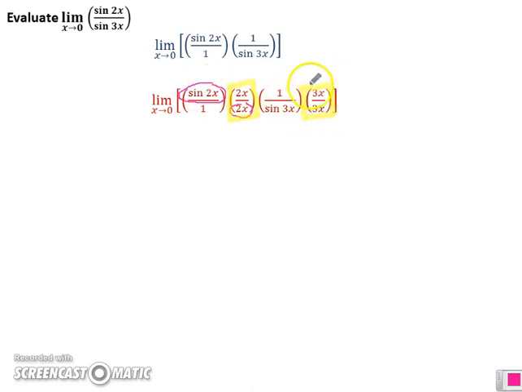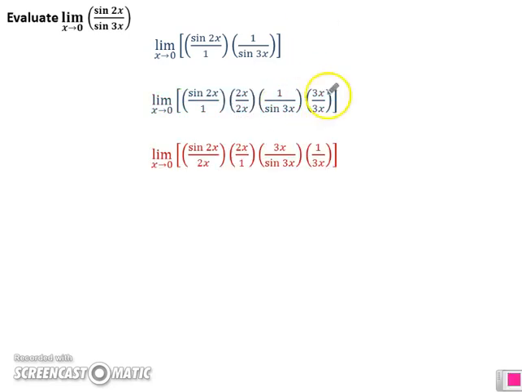My next step is just to rearrange things. You're allowed to do that with multiplication, like 3 times 2 and 2 times 3 are both 6. It's called the commutative property. So this step and this step are identical. They just look different because I wanted this 2x with this sine of 2x, and I wanted this 3x with that sine of 3x.